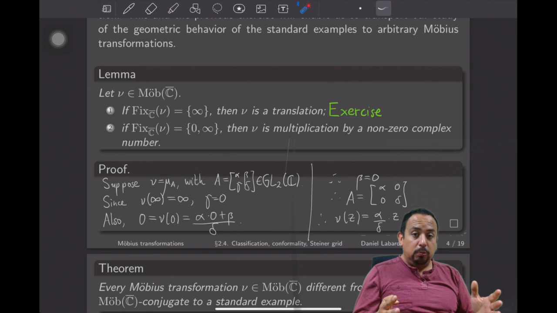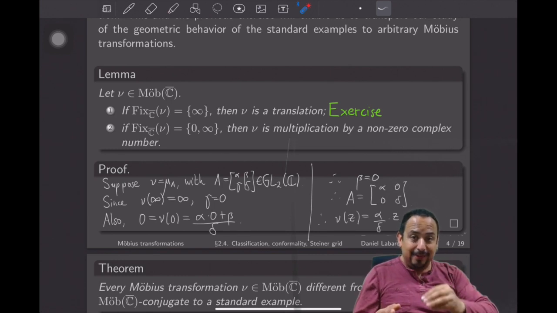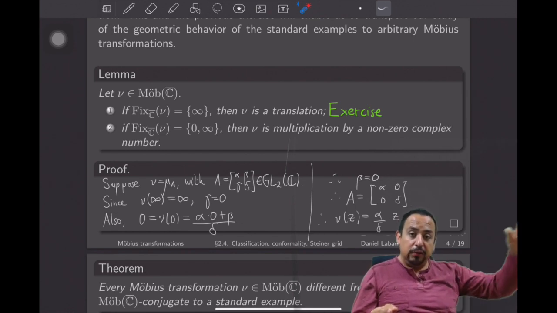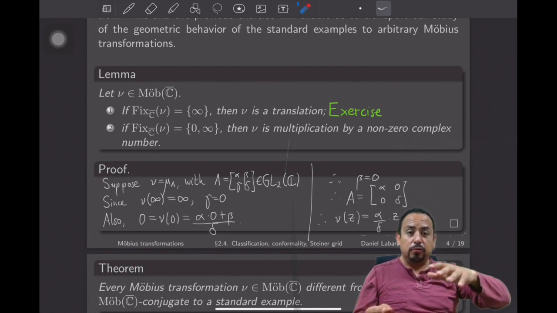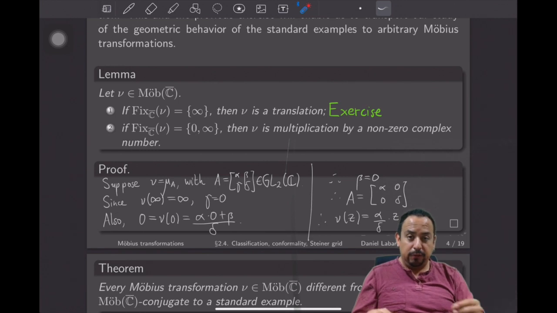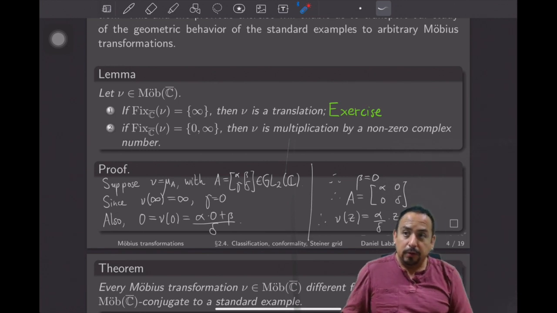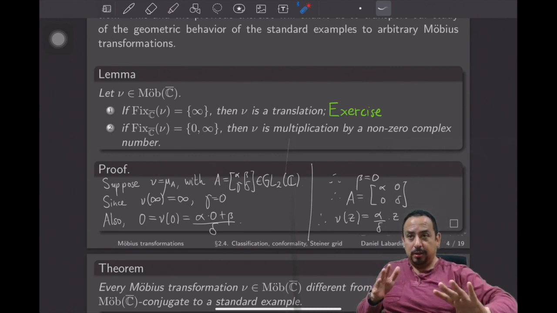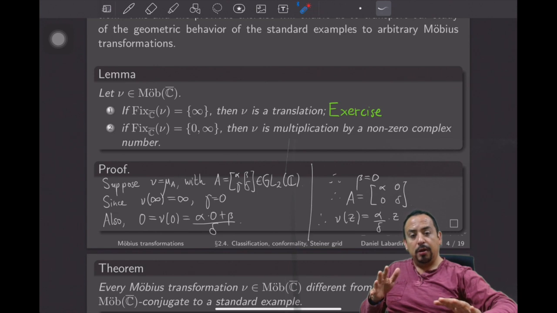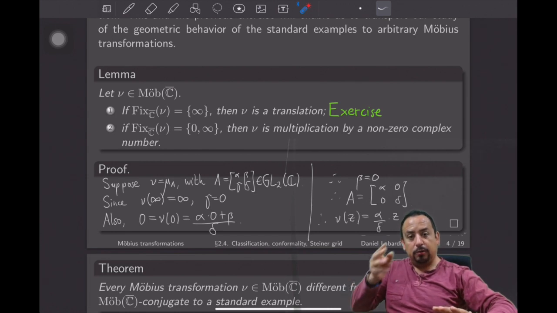We can always take a Möbius transformation that sends the fixed point or fixed points to convenient locations, namely to infinity if there's only one fixed point, or to 0 and infinity if there are two. So we are going to take our arbitrary Möbius transformation, and another Möbius transformation that sends the fixed points to convenient locations.